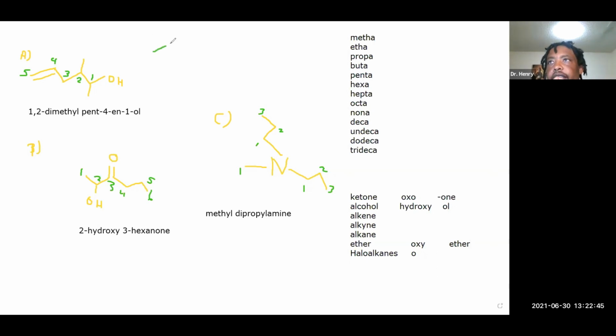An ether is just an oxygen between two hydrocarbons. So R again represents hydrocarbons. Do you guys see my green structure? So this is the generic structure for an ether. Okay, so the most common way of naming ethers is just to use ether at the end.